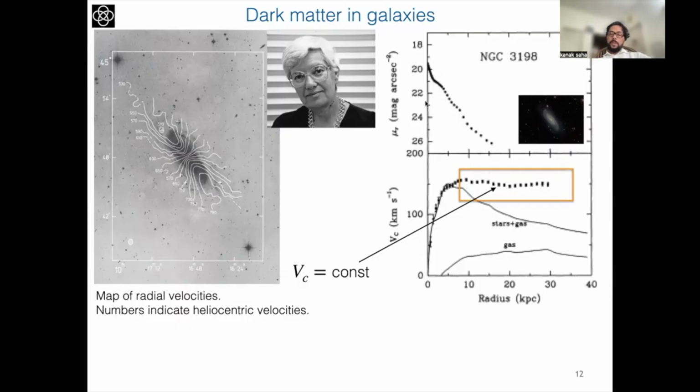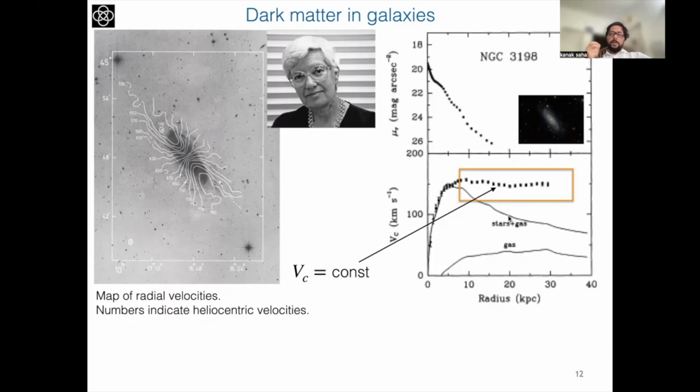And this is the plot showing the surface density, or the surface brightness, of stars, the stellar light, as a function of radius. And you can see this is where the stars end, and beyond which the gas is still remaining flat.